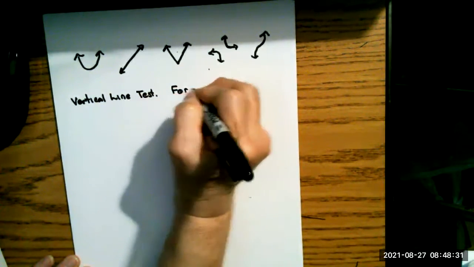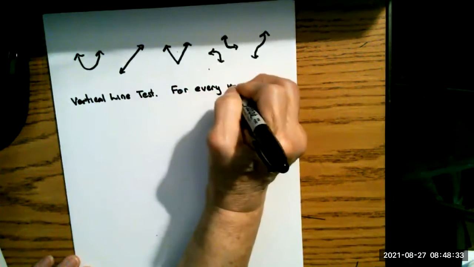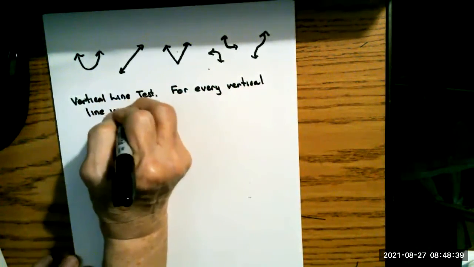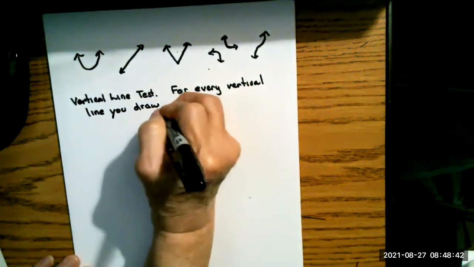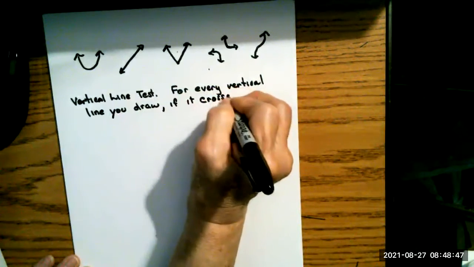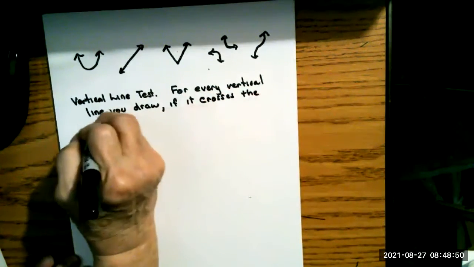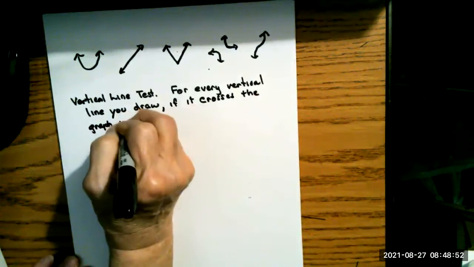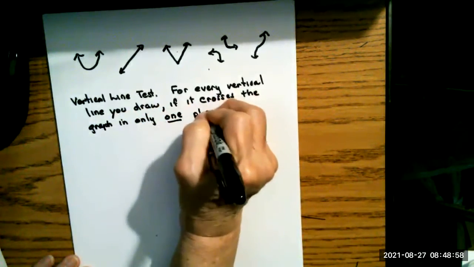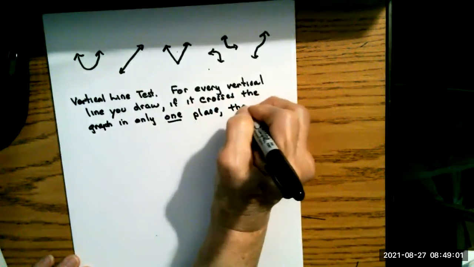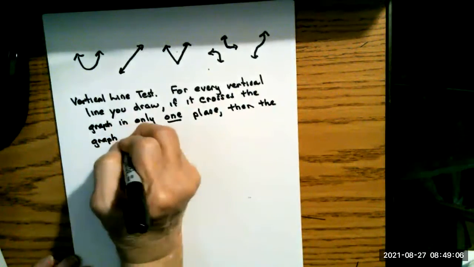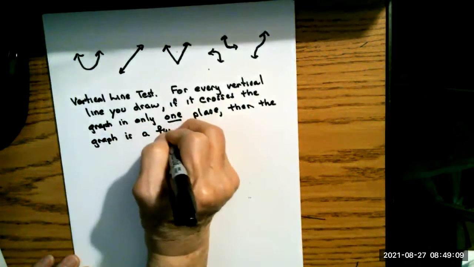And that says for every vertical line you draw, if it crosses the graph in only one place, then the graph is a function.